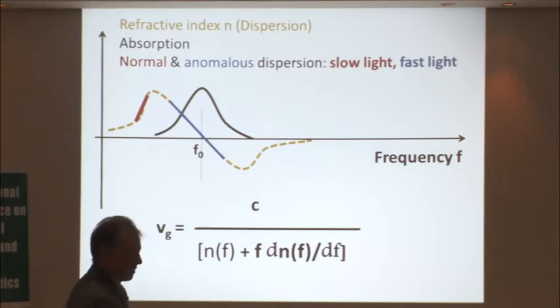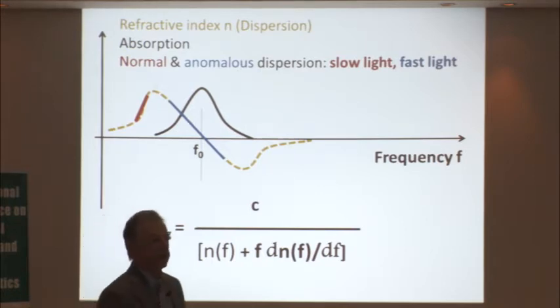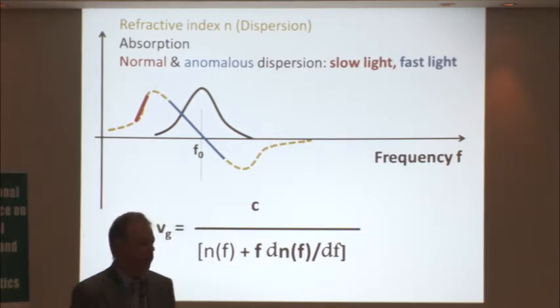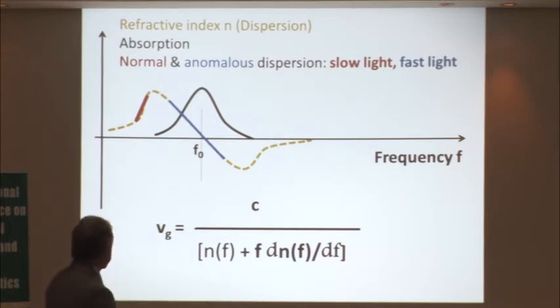And it was measured some years ago directly, the difference between the group and the phase refractive index. So usually the group refractive index is smaller due to this term than the phase velocity. However, this is not the case here.